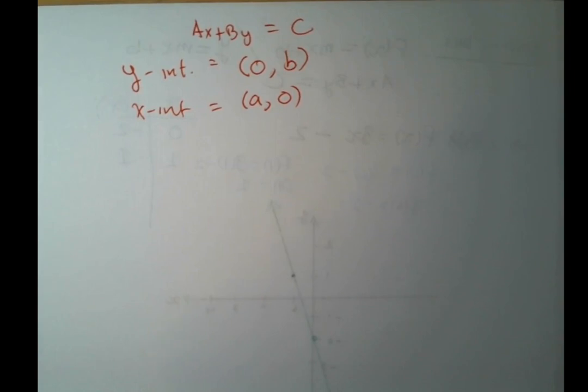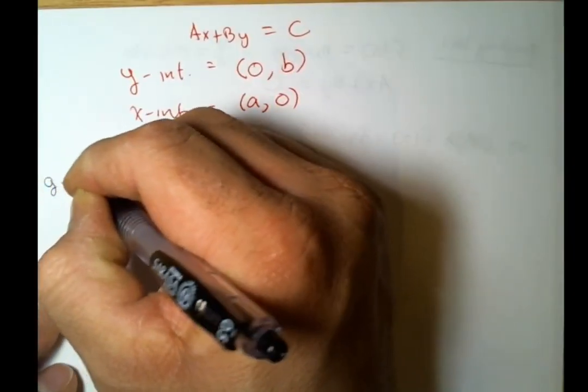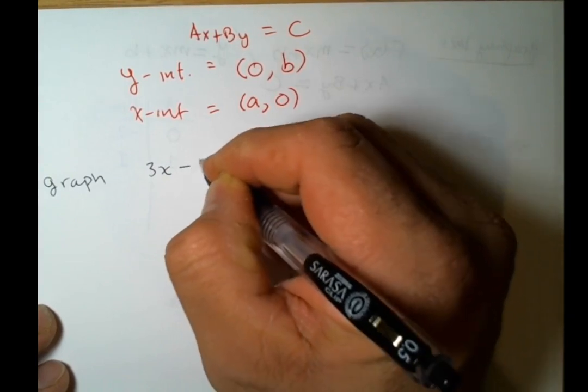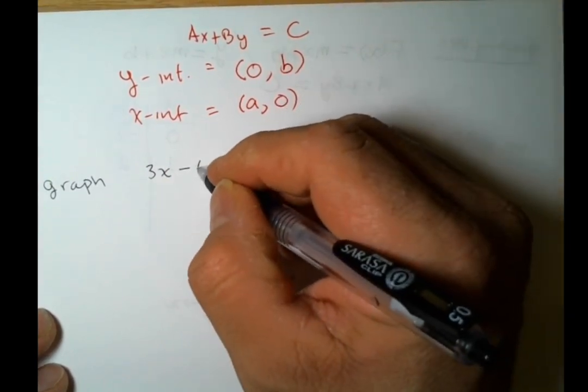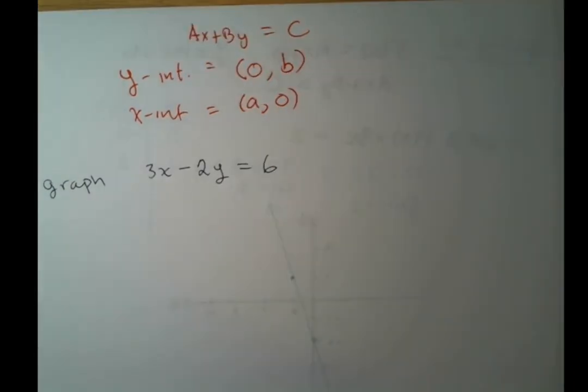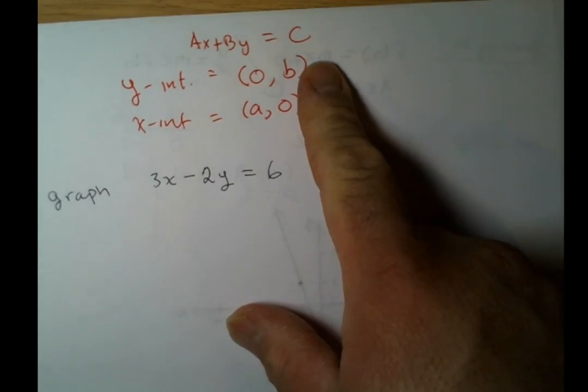Okay, let's say I wanted to graph this equation here. Now, like I said, you could solve for y and do the slope-intercept form there, or we can simply find the x and y intercepts.